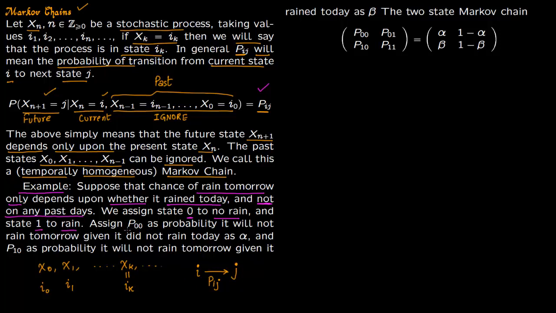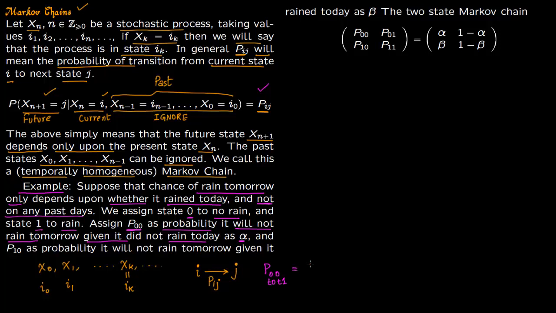We first talk about P00. P00 is the probability that it will not rain tomorrow given it did not rain today. This probability you denote by alpha. So P00 you write like this: 0 means no rain today, at time 0 no rain, and then no rain tomorrow, at time 1 also no rain, 0.